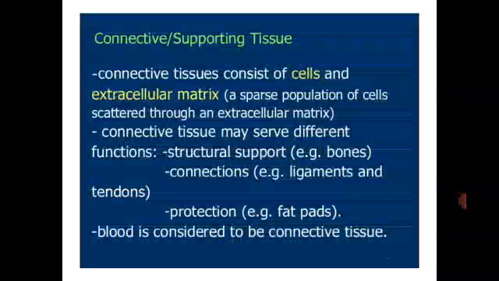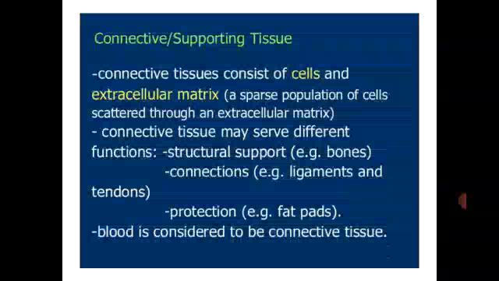Connective tissues serve a connecting function. Connective tissues are made up of cells and extracellular matrix. Connective tissues perform different functions. They help in structural support, and structural support helps with the bones, and due to the bones we can move from one place to another.